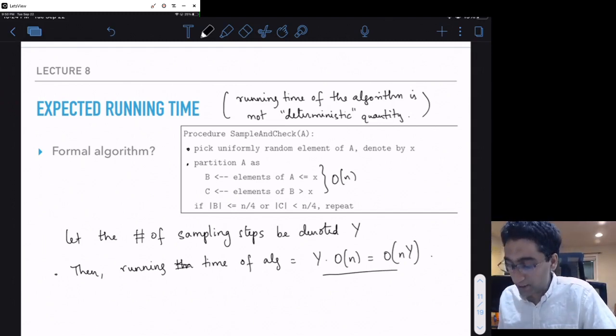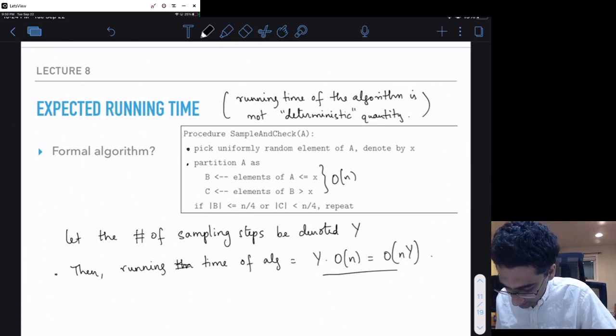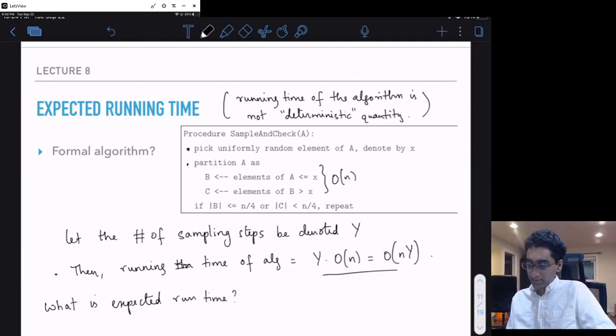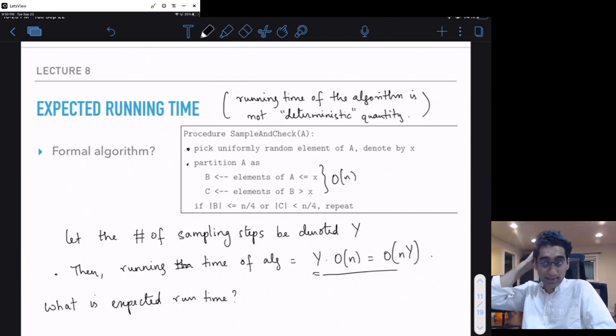Now, what is the expected value of this quantity? What is the expected running time? The running time is Y times just some n. So if you knew the expected value of Y, the expected running time is just O of n times that quantity.